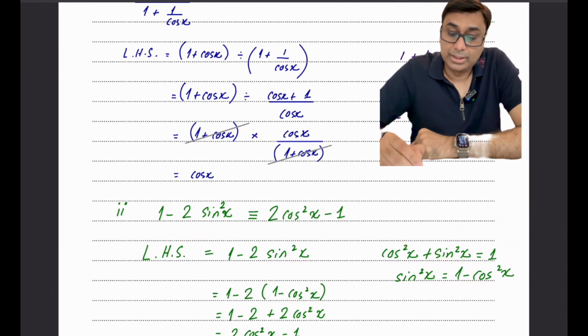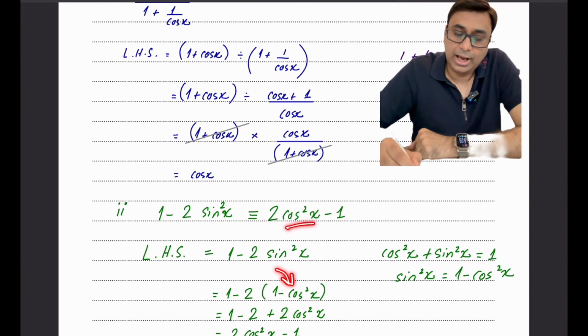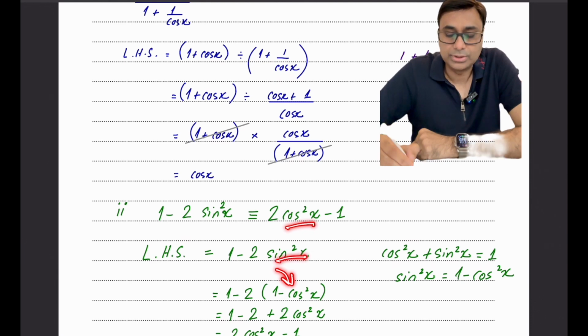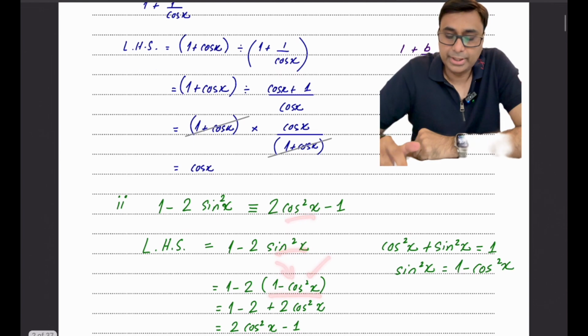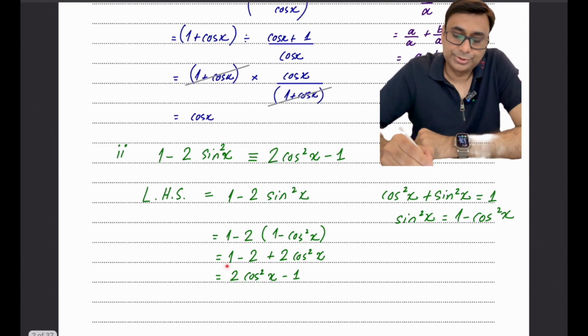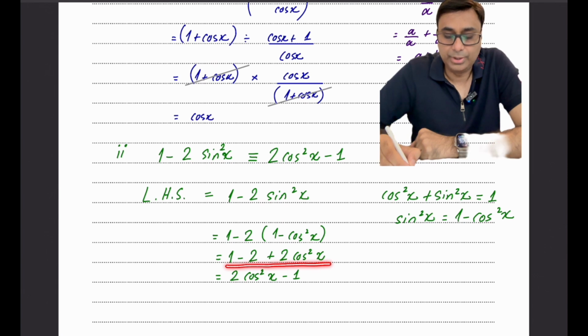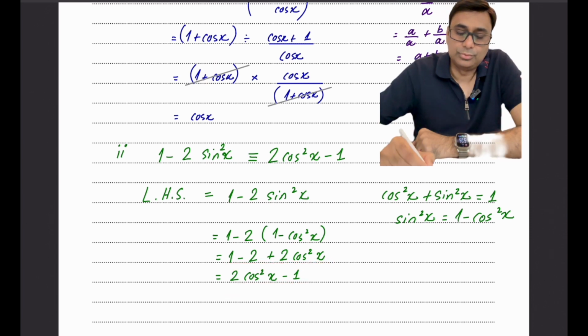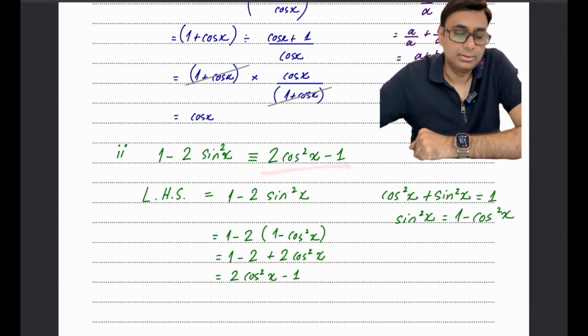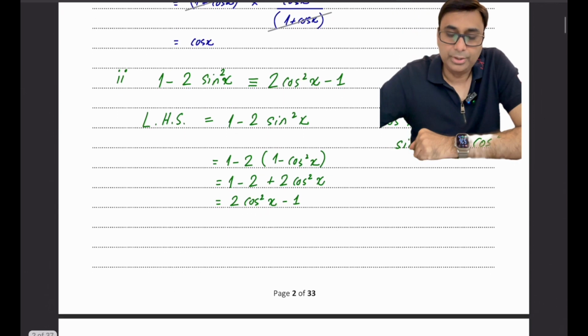Now, this particular step was clearly driven by the fact that I have to bring it in terms of cos square, which is why sine square was replaced by cos square. So this becomes 1 minus cos square x, and then I just opened and simplified it. So it becomes 1 minus 2 plus 2 cos square x, and that becomes 2 cos square x minus 1. So that is equal to the right hand side, and that is the identity being proved.